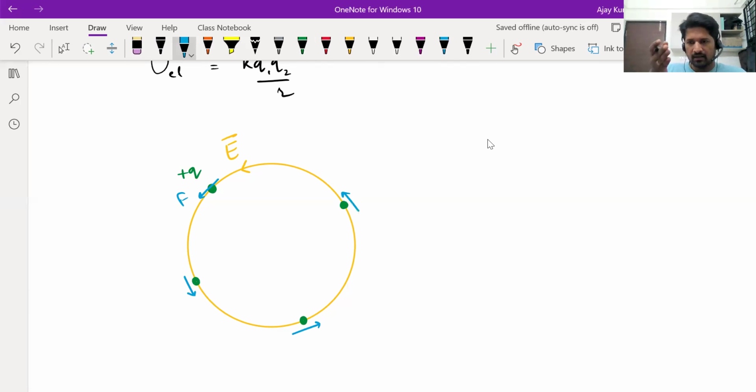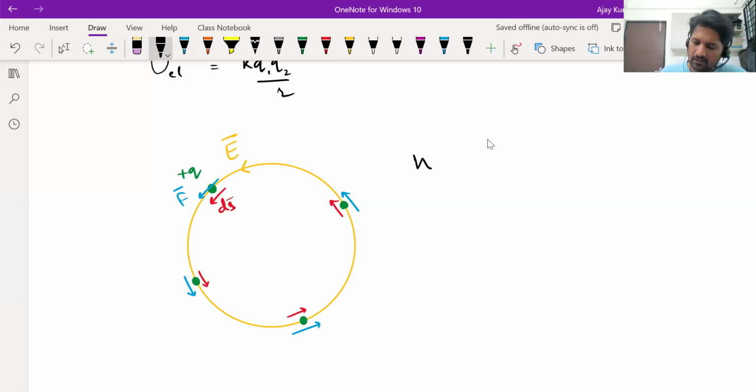Imagine moving this charge along this circle. The displacement ds is also in the same direction, at every point. So the force exerted by this electric field and the displacement vector ds are in the same direction.